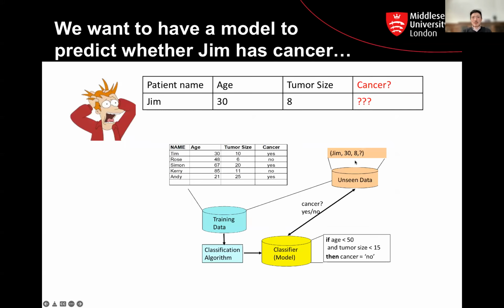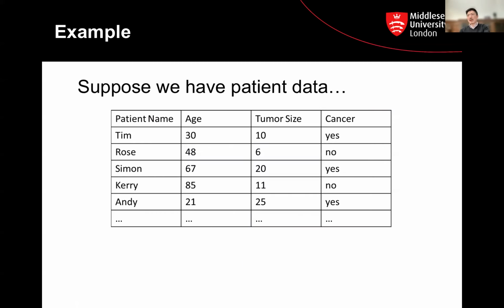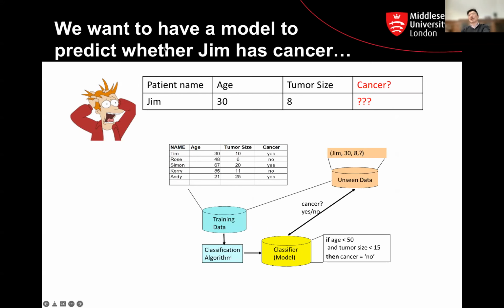And then this is where the prediction part comes in. This is our data set, or let's say this is the knowledge we have. Now we have a new patient called Jim, with his age and tumor size. Is this tumor cancerous, or does he have cancer? The process is, you give the data you already have, the age, tumor size, and whether they have cancer or not, as the training data.